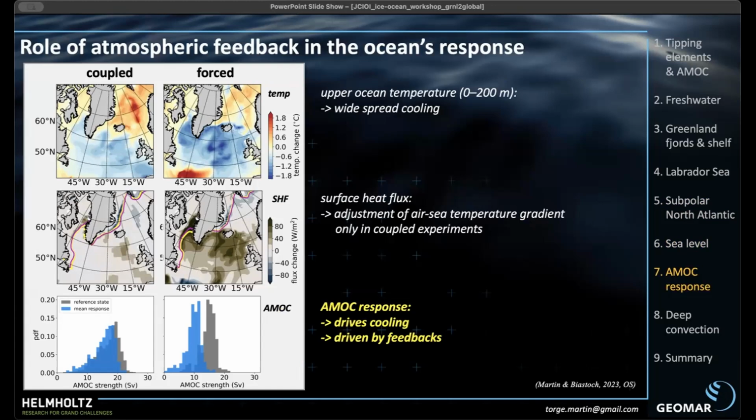So the heat loss of the subpolar North Atlantic stays the same after a few years of adjustment, and the driver of the AMOC decline or variability is not as much affected as in the ocean-only simulations, where the cooler ocean is getting closer to the wintry cold atmosphere, and therefore you get a smaller temperature gradient and less ocean heat loss, which is a positive feedback adding to a sharper decline of the AMOC in these uncoupled models.